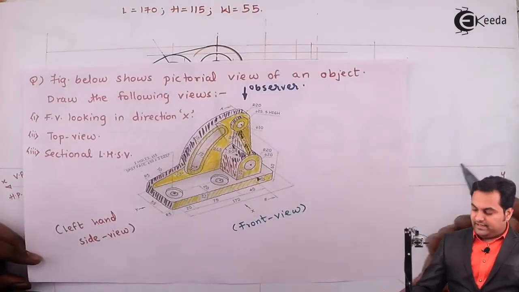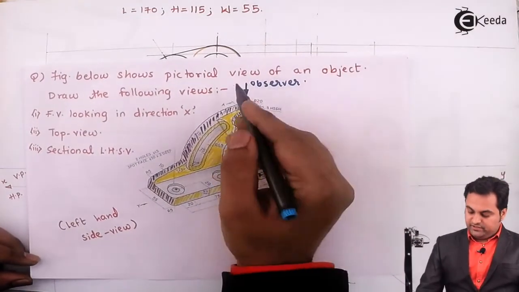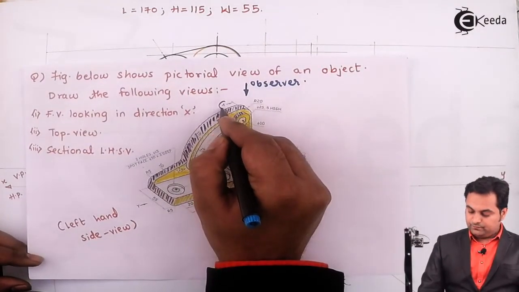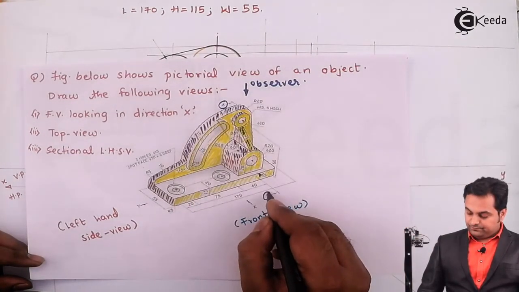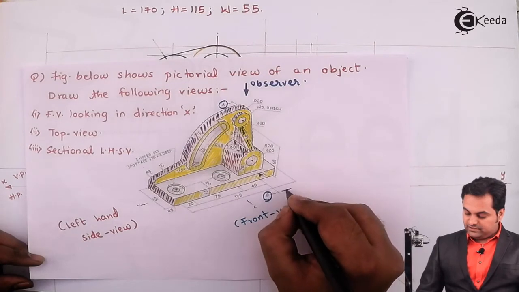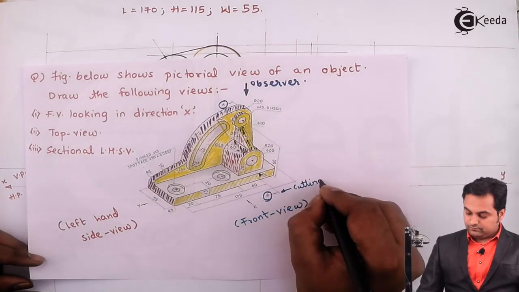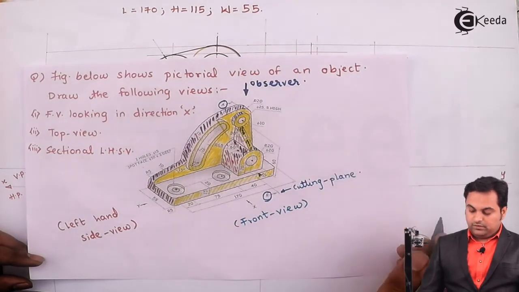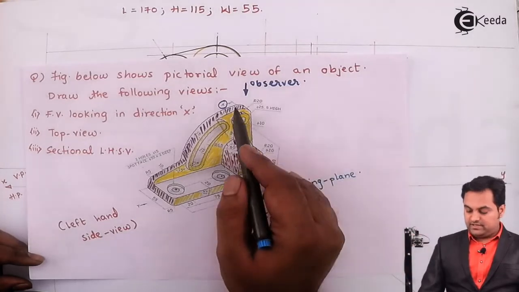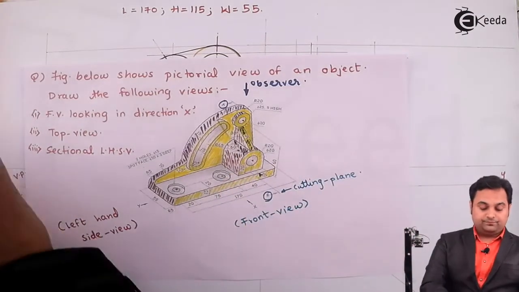If we see into the diagram, here they have given a section which is section AB, means this is the cutting plane. Now the cutting plane is passing exactly through half of this object from here.